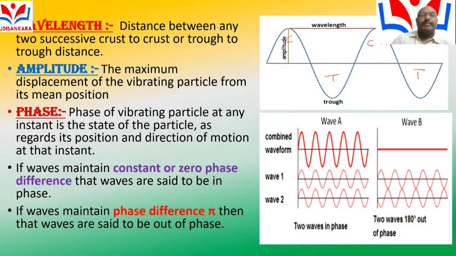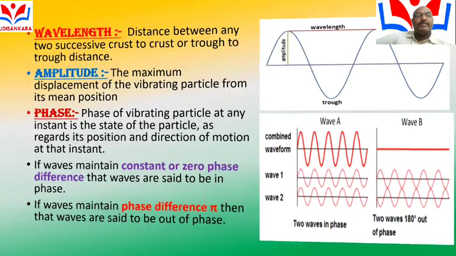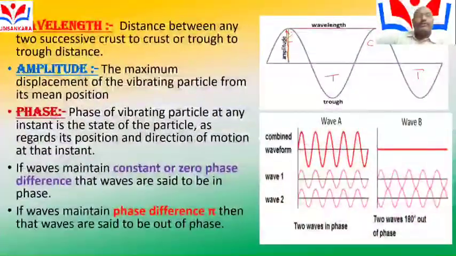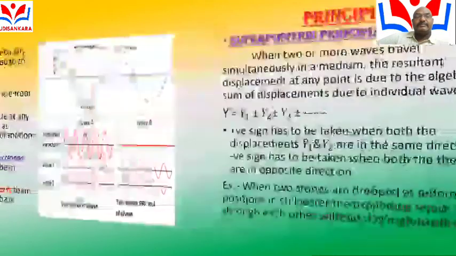Amplitude is the maximum displacement of the vibrating particle from its mean position. And waves that maintain a constant or zero phase difference are said to be in phase. If the waves maintain a phase difference of phi, such as 180 degrees, they are not in phase.